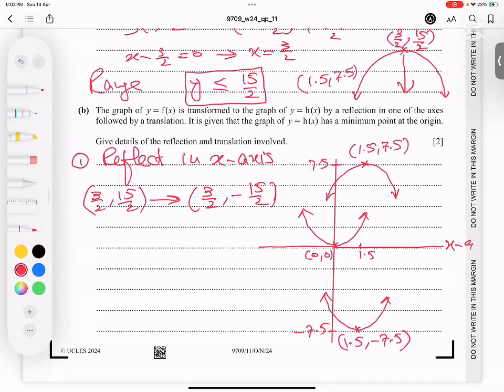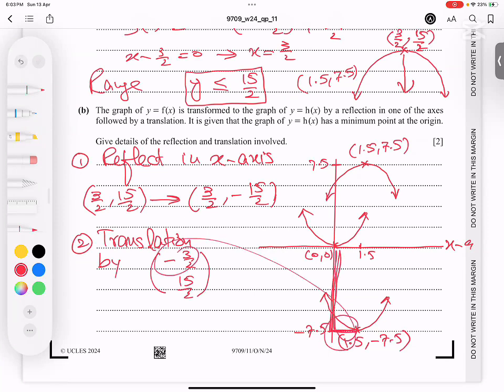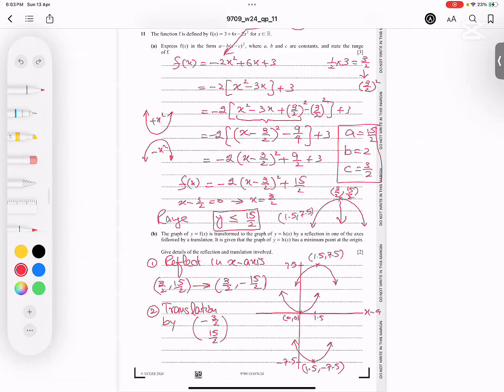And now it is the translation. Number 2, translation. By what column vector? Negative 3 by 2 and positive 15 over 2. How come this is a negative and this is a positive? So negative 3 by 2 and positive 15 by 2. So I hope you got the point. This part is very clear, and let's go for the next part of this question.